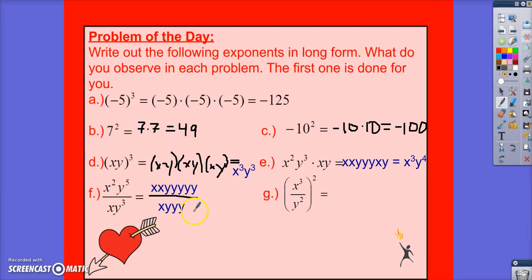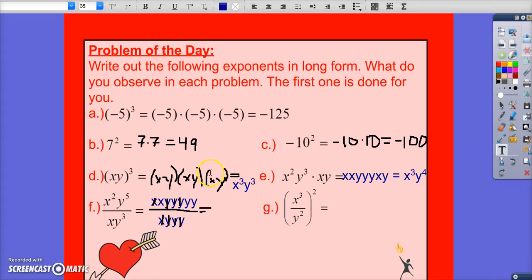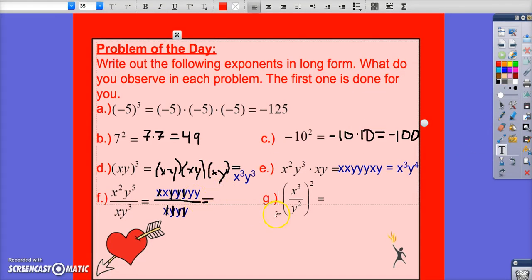Now what you'll notice here is I can start to cross out one of each from top and bottom. So there's a set of x's, set of y's, and they actually cancel out from top to bottom. So let's see what I'm left with here. I'm left with 1 x up top. Actually, type it over here.